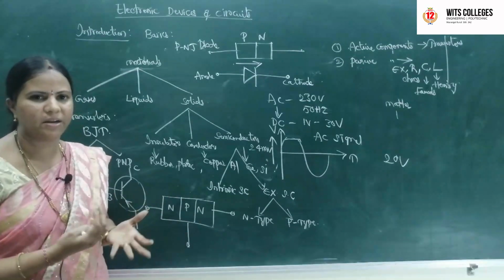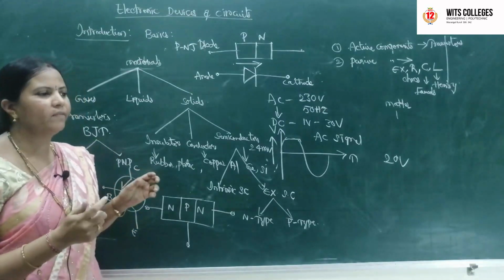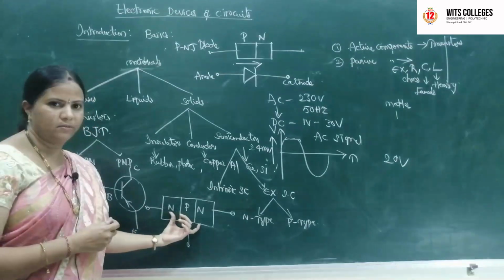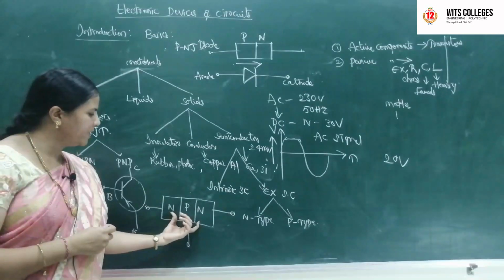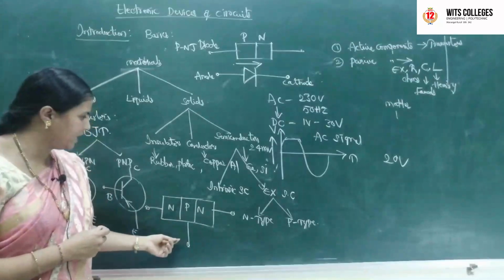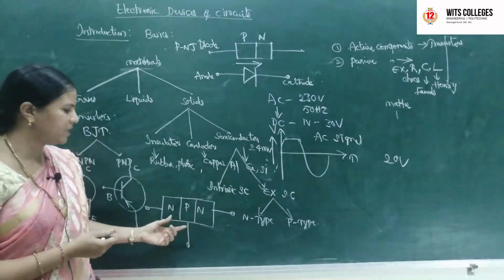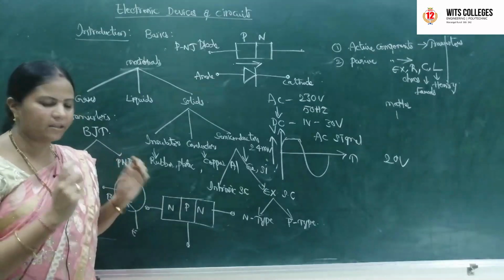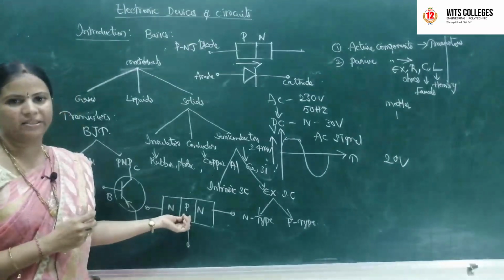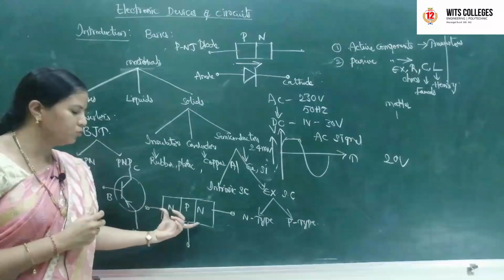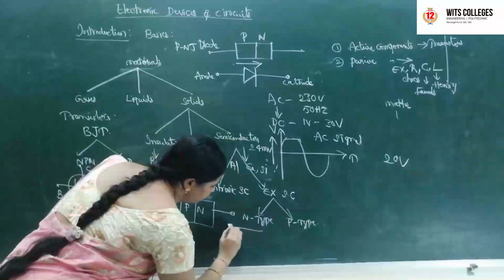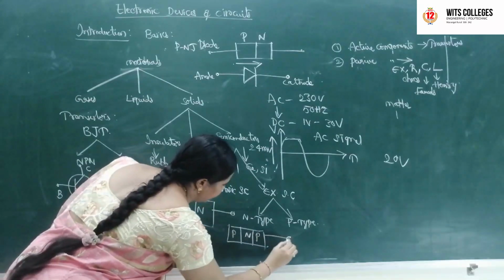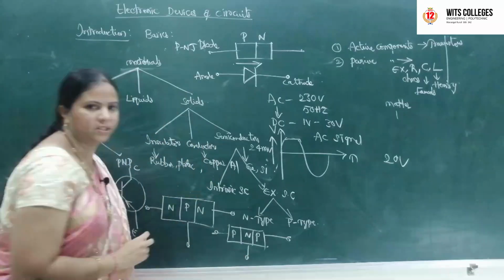Silicon, germanium anedi semiconductor material kada. If you take one germanium material, daniki 2 sides N-type silicon toni attach cheste vachede NPN transistor. PNP transistor means if you take N-type crystal, it is nothing but a thin layer, middle lo undi thin layer. Aa thin layer ki meeru either side 2 sides P-type semiconductor material add cheste it is nothing but PNP transistor. Ila construct cheyochu.